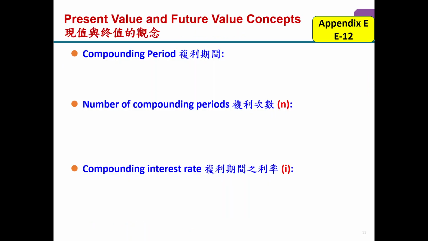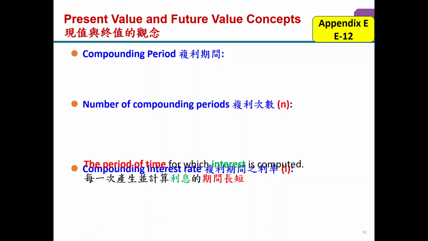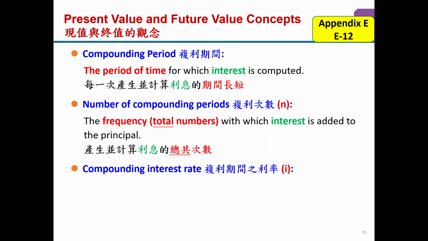So N means number of compounding periods, 复利次数. So your compounding periods, how many times in total? Remember, it is the total number. So not only for 1 year, it's the total number.